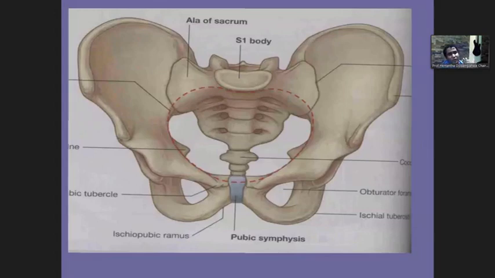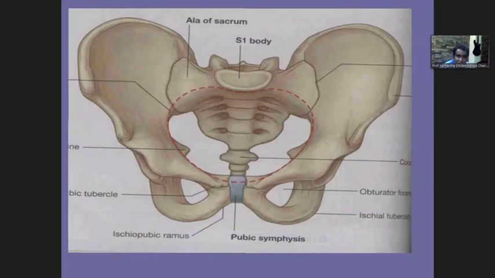And very importantly, there is an angle between the plane of the inlet and the horizontal plane. It's around 60 degrees.